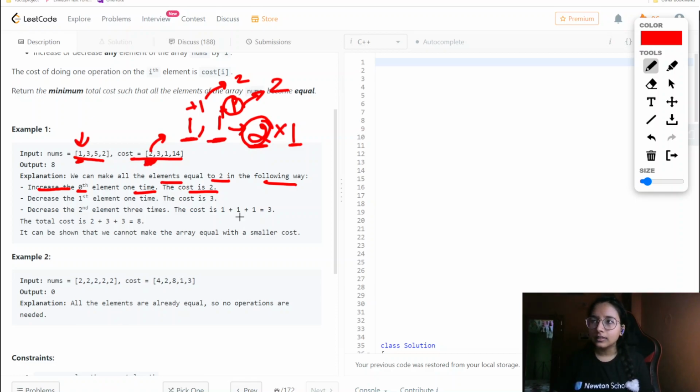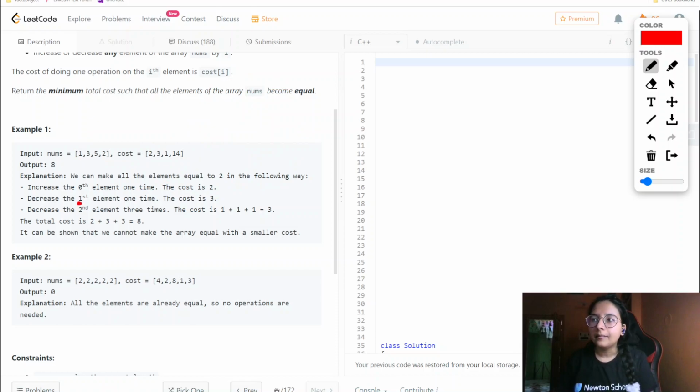That's why its cost is 2, right? And for getting this 1 to 2, we are required to add 1 to the same. So that's why we are multiplying what we are adding or subtracting to this number with the cost which was there, that is 2. So that's why our overall cost basically becomes 2.